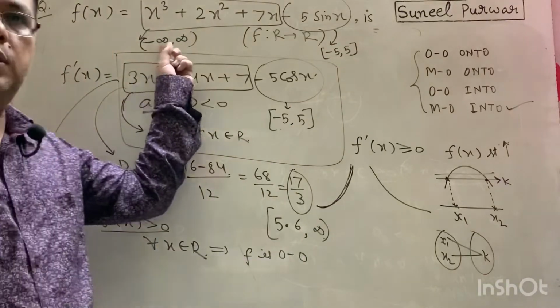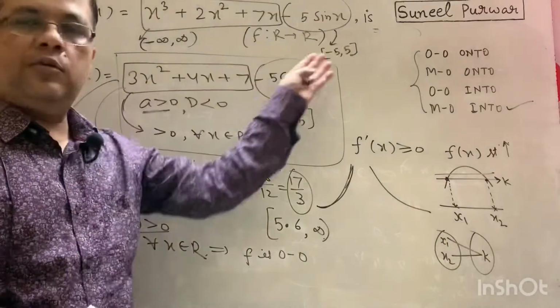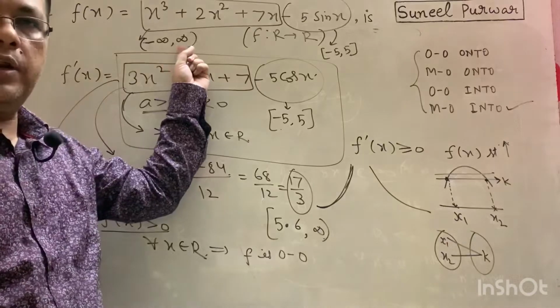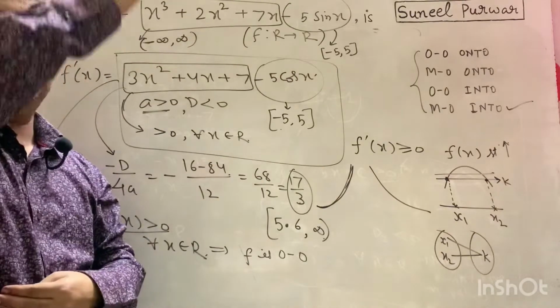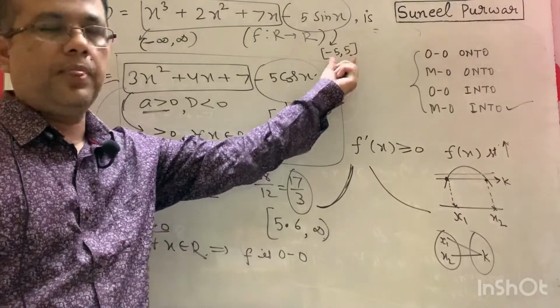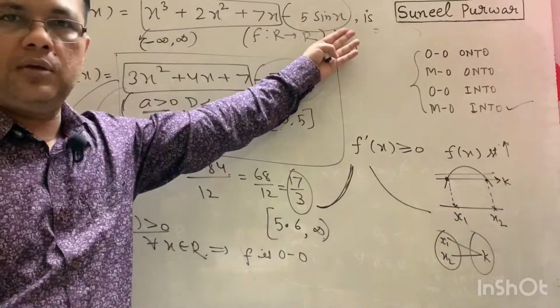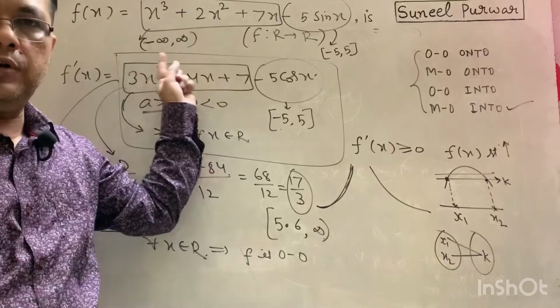So this minus infinite will pull the final value down to minus infinite, and this positive infinite will pull the values up to plus infinity, because these are meager values, minus 5 to 5 only. This is continuous, this is also continuous, continuous plus continuous is continuous. So this is a continuous graph, and values can go from minus infinite to infinite.